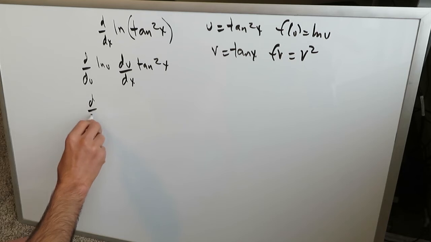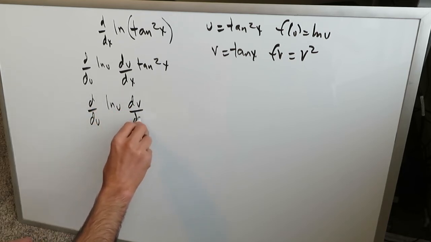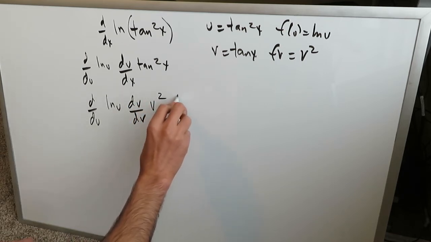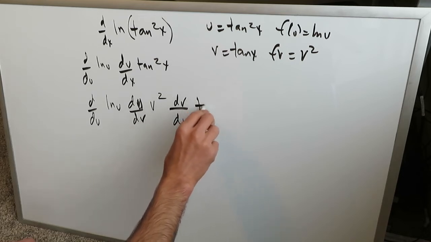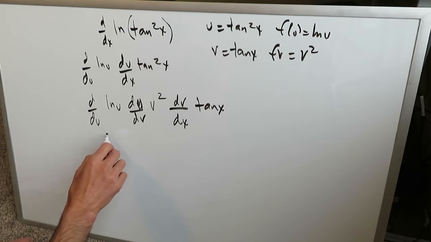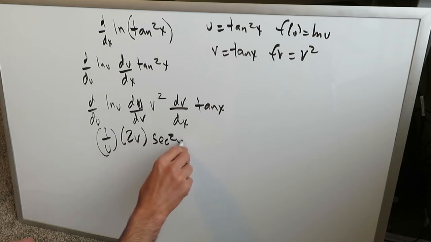Then you can come back over here, d over du ln u, and then du over dv would be v squared, and then dv over dx is equal to tan x. Now you just have to do the derivatives over here: 1 over u, 2v, secant squared x.